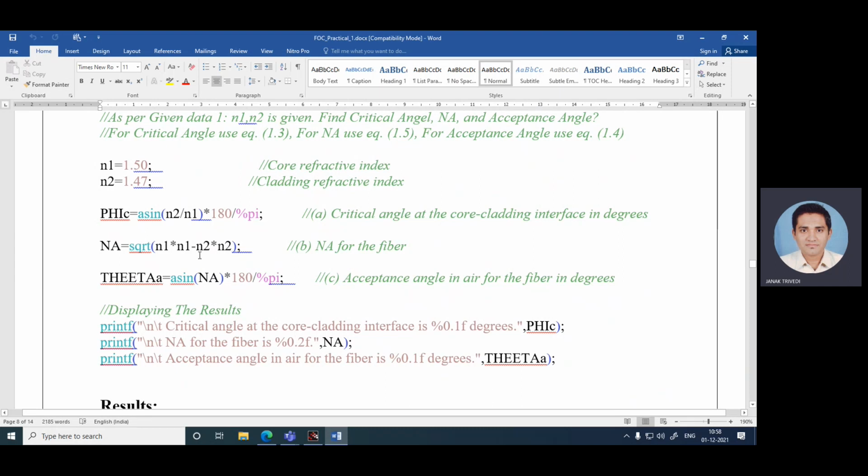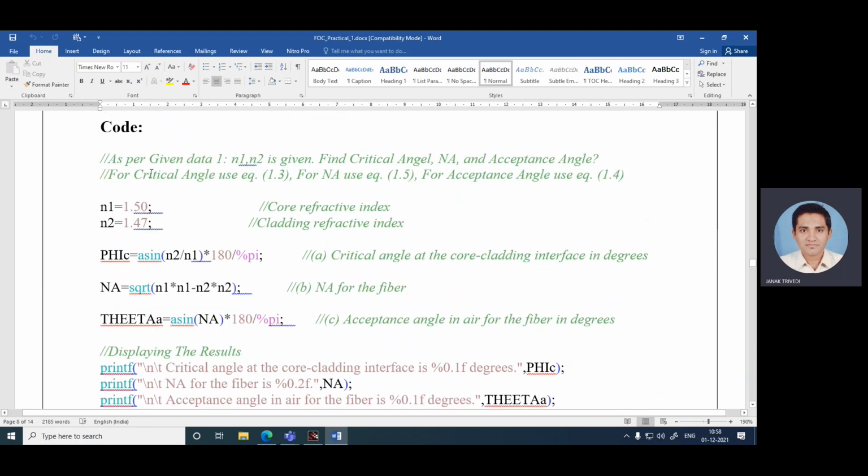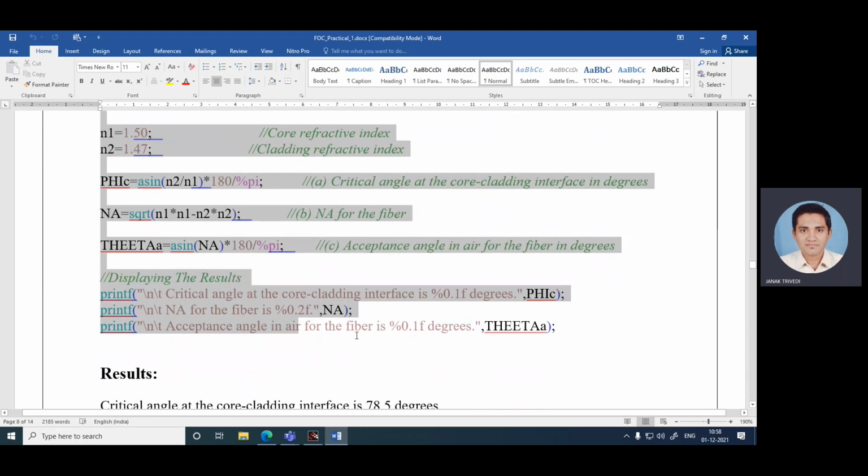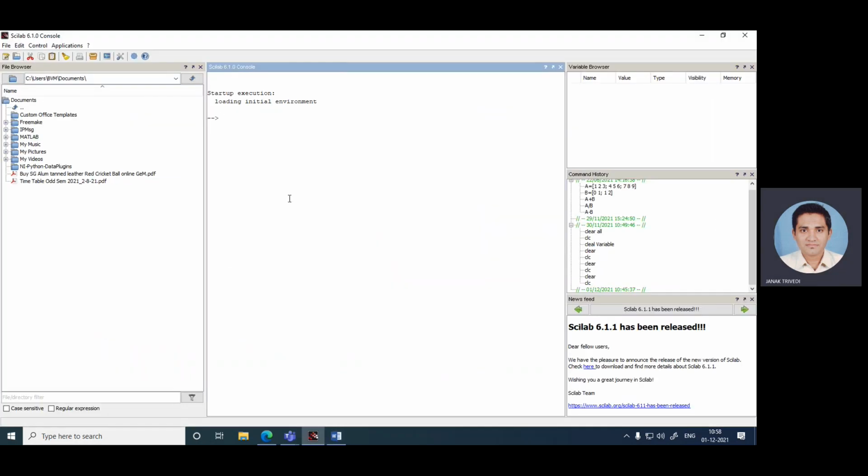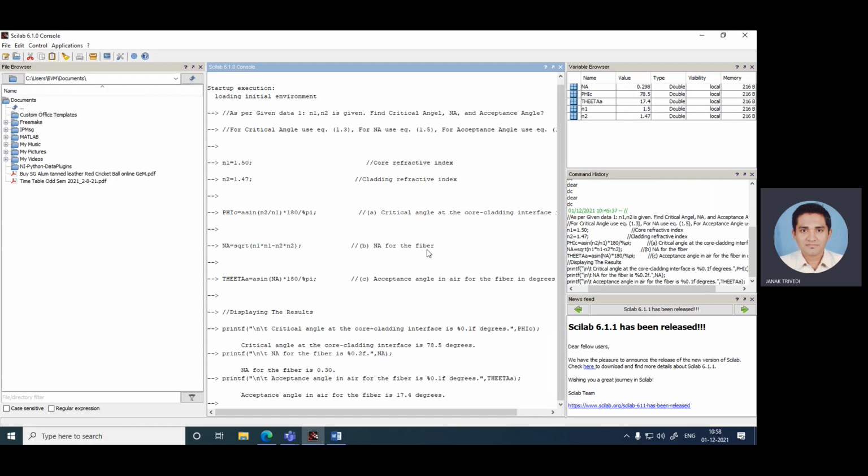Let's run this program. This displays the final result, with printf of the critical angle at the core-cladding interface, the numerical aperture for the fiber, and the acceptance angle in air for the fiber in degrees. My suggestion is that you first try to do this kind of example with the help of a notebook, and then try it with the Scilab program.